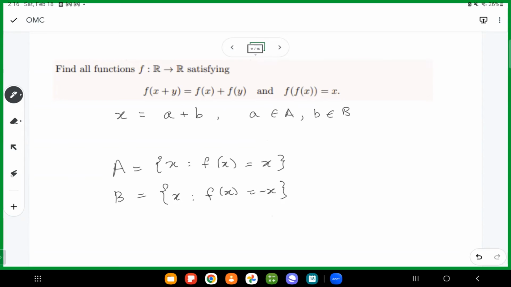Maybe consider A to be some epsilon for which f of epsilon is epsilon. That's just epsilon is bad. You don't need epsilon. Let A be something for which f of A is A, and then you take B minus A. So if f of x minus A is x minus A, then that is good.